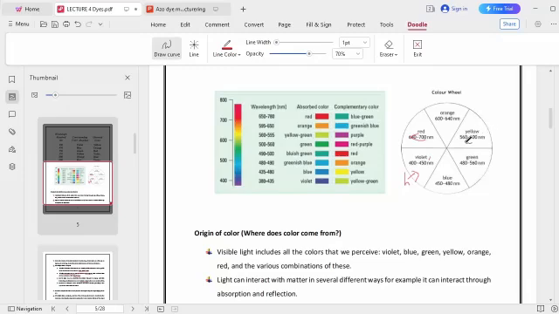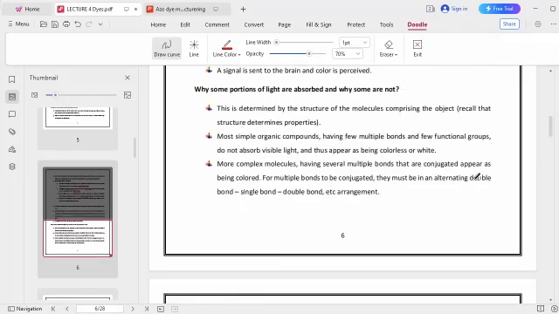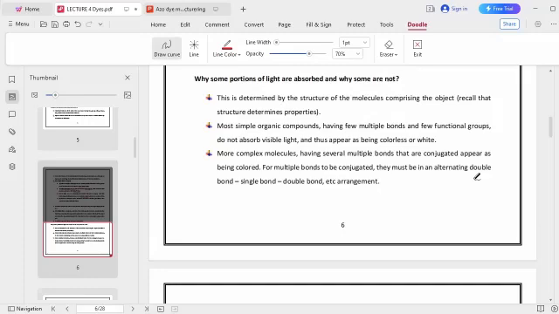So green plants absorb red, or they absorb the energy between 640 to 700 nanometers, and our eyes will see what? The complementary color, which is 480 to 560 nanometers, which is green. Okay, so that's why we see some portions of light being absorbed and some not absorbed.